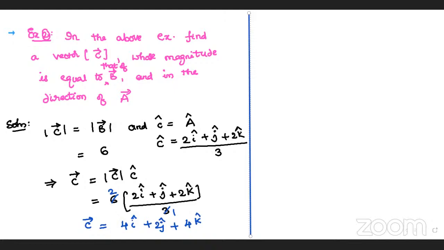Okay, and I think you know how to find the directional cosines. No need to explain them. Cos alpha is equal to ax by mod a bar, ay by mod a bar, az by mod a bar.